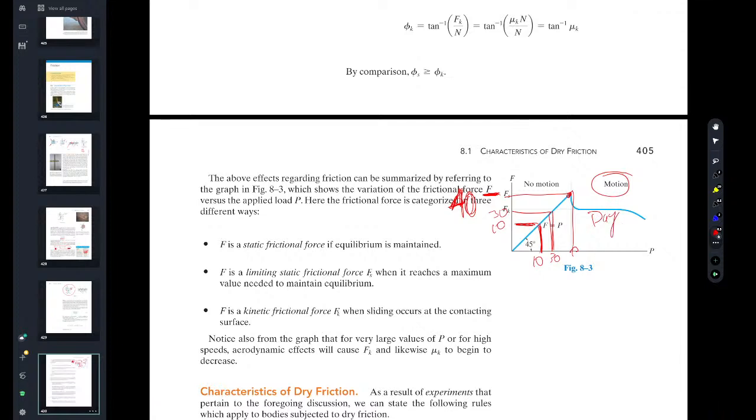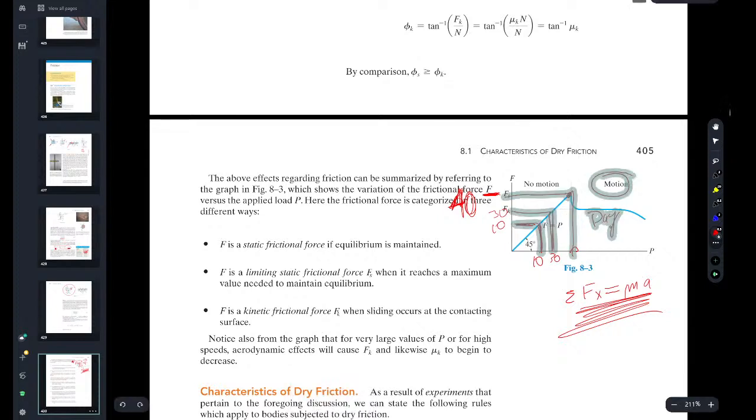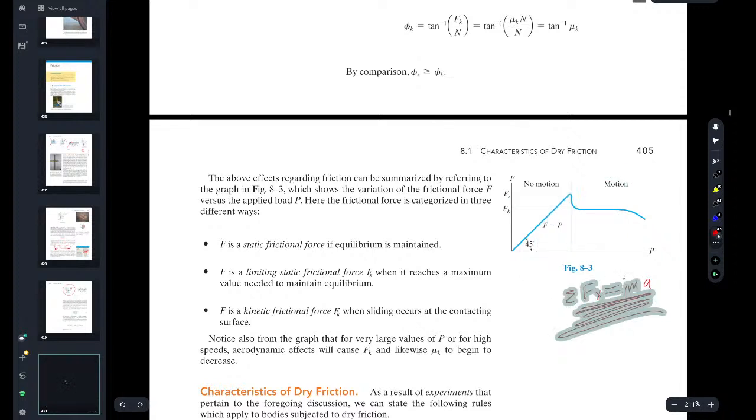And so at that point, the sum of the forces in the x direction is not equal to 0, but in fact equals the mass times the acceleration. So at that particular point, you're moving into dynamics. This is really what happens, and you've experienced it as well: you start pulling something, and once it breaks free, it moves pretty quick.